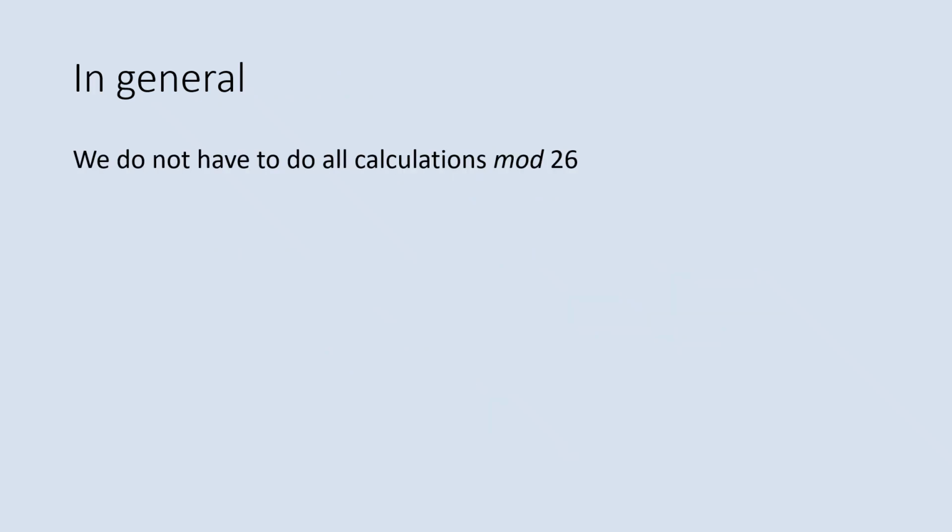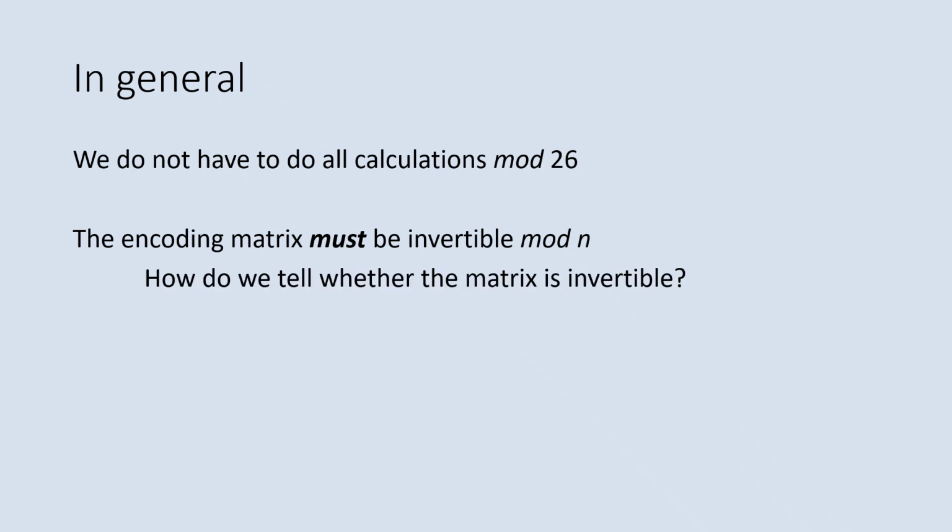So in general, we do not have to do all these calculations mod 26. We can modify that according to the number of characters that we want to encode. But the encoding matrix that we use must be invertible mod n, whatever the n that we choose. So how do we tell whether the matrix is invertible?